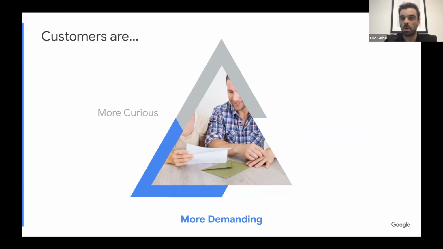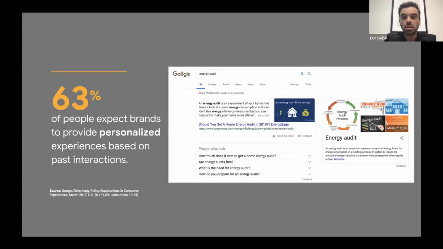Your consumers are going to be much more demanding in terms of what you provide to them on your website and the capabilities that you're going to offer to them as consumers. So it's important to note that. Some interesting facts about the more demanding consumer: 63% of people in the United States expect brands to provide personalized experiences based upon past interactions with your business, right?